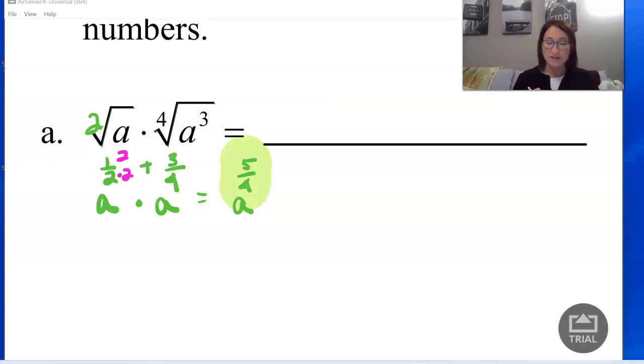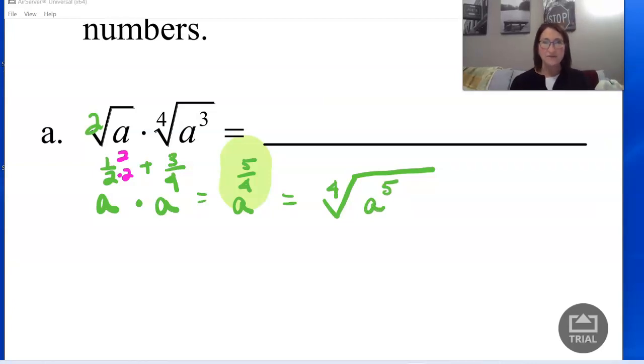All right, so this is going to give me, here's my radical sign. The 4 is my index, and then a to the 5th. But I'm going to rewrite that a to the 5th, using the multiplication property, so that I have an exponent equal to that index. So that is going to be a to the 4th times a to the 1st.